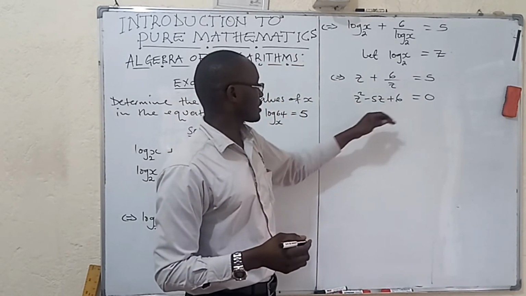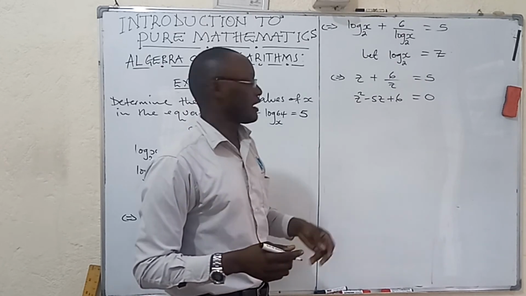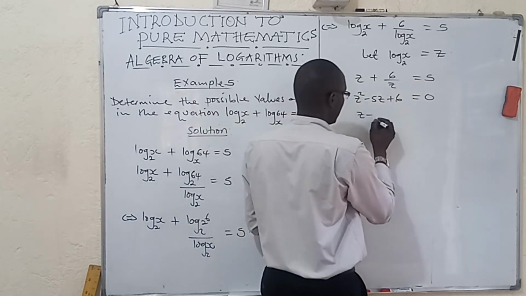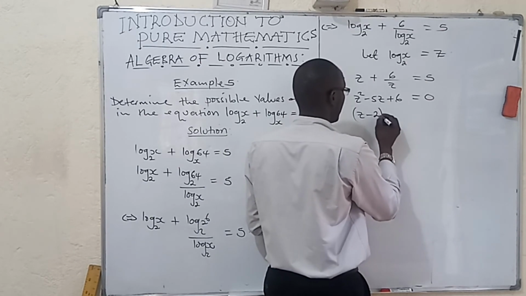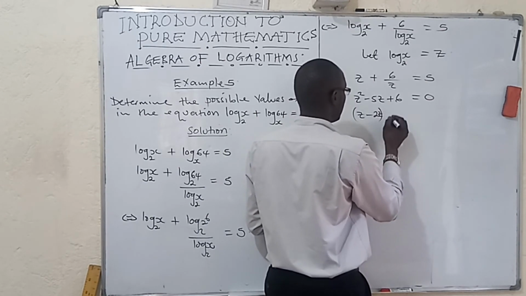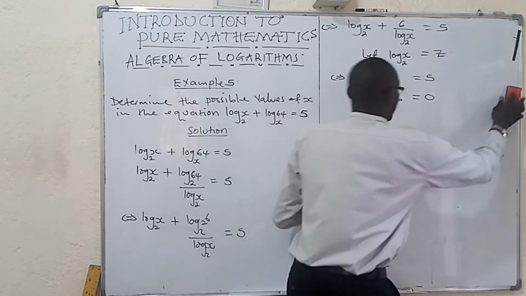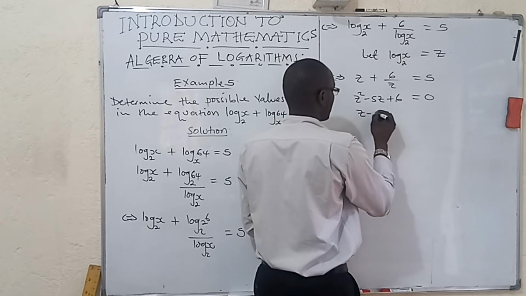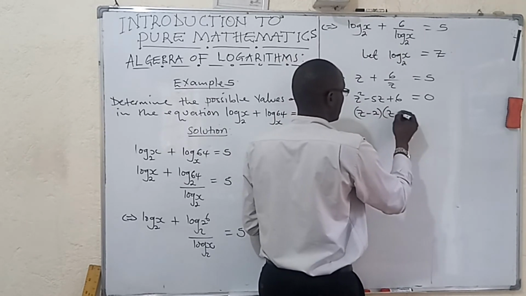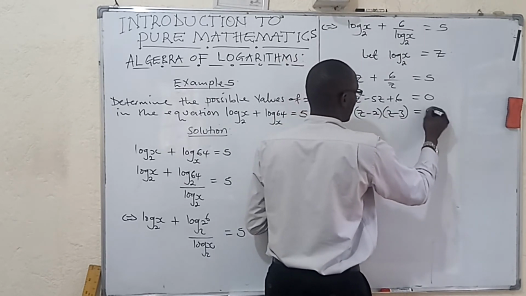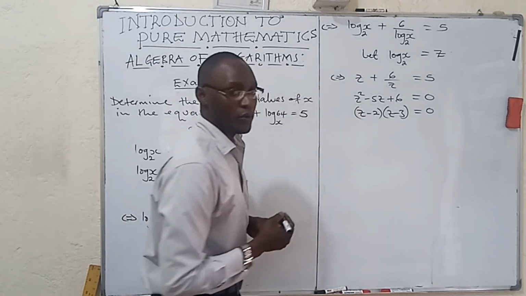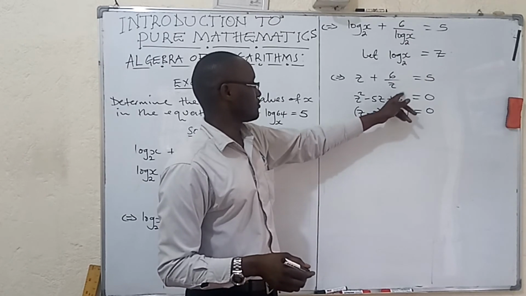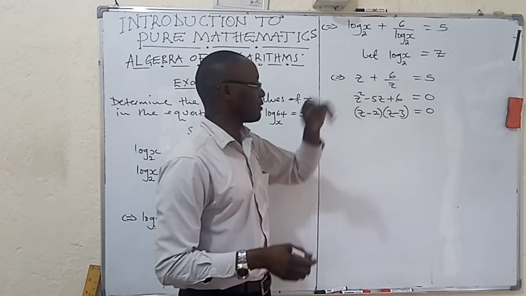This quadratic equation with the linear coefficient can be factorized easily. When you factorize this, we shall get z minus 2 into z minus 3 is equal to 0, because these two factors, once multiplied, negative negative will give me a positive 6, and when added, they will give me a negative 5.